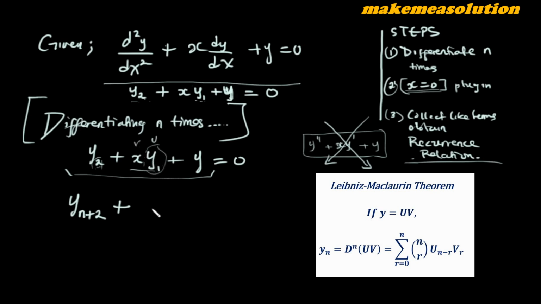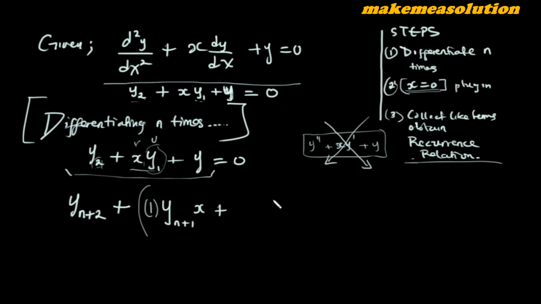So I'm going to apply that trick like this. Remember the rule, your first combinatorial coefficient is 1. In the first term, you differentiate your u n times, giving you y n plus 1. Then you keep your v; you're not differentiating v in the first term. Then in the second term, let me put a big bracket. You put your second combinatorial coefficient, which is n combination 1, and that's n.